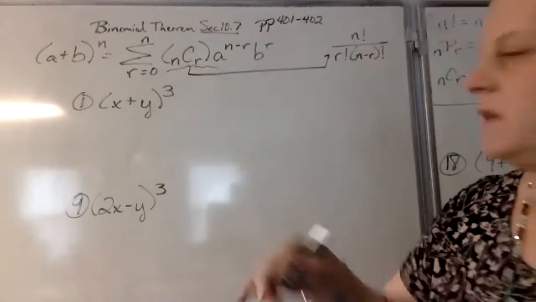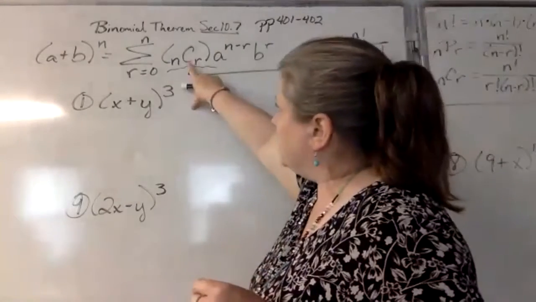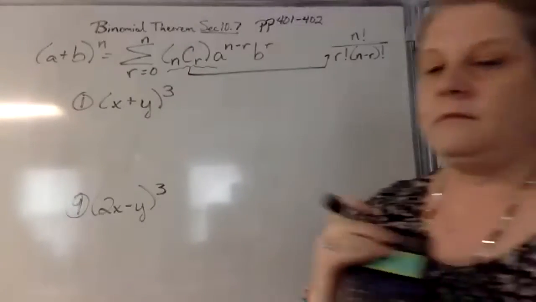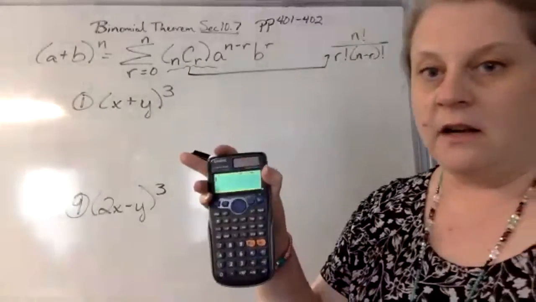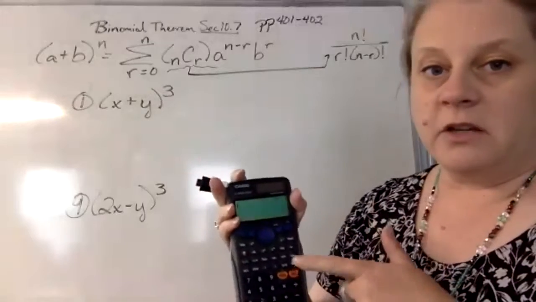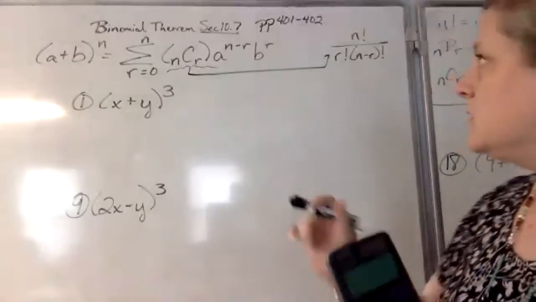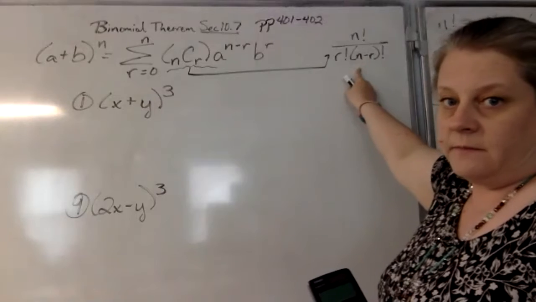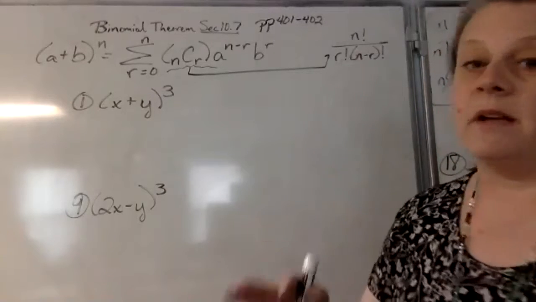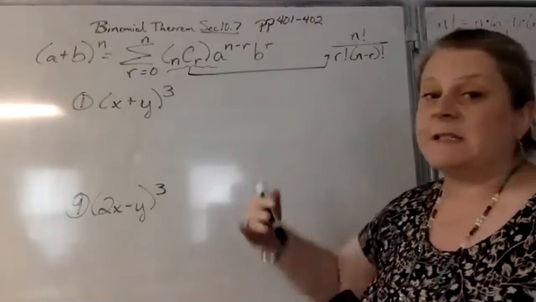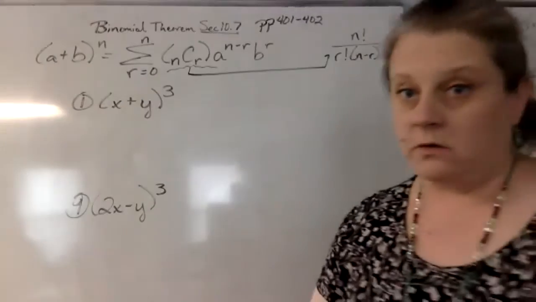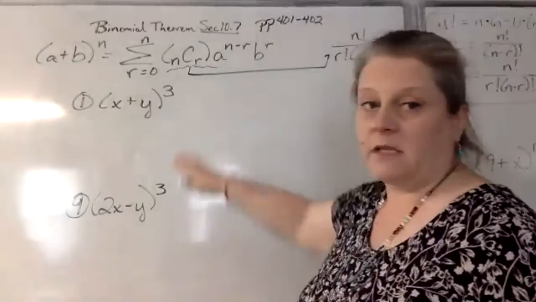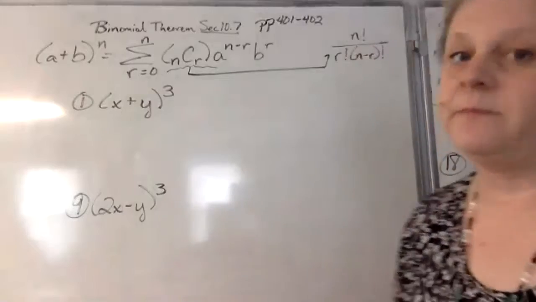Now the basic formula though, they usually just write it with this, because if you do have the scientific calculator, it's got the little button that you can use for the combination, so you don't have to write all this mess out. Which is going to be really handy when we go to expand the binomials using the binomial theorem, which is what it's wanting us to do on these first 2 problems that we're doing today.